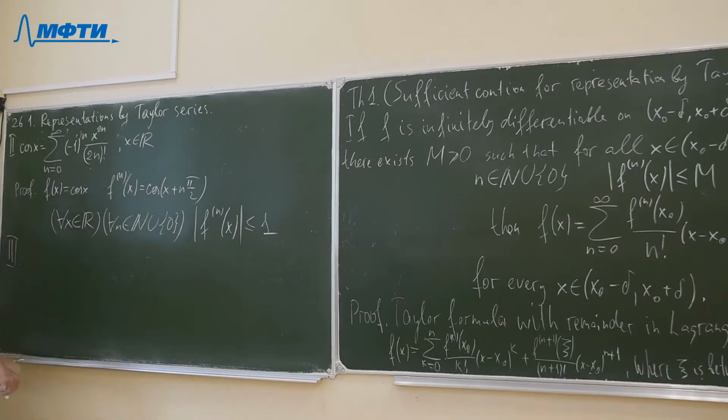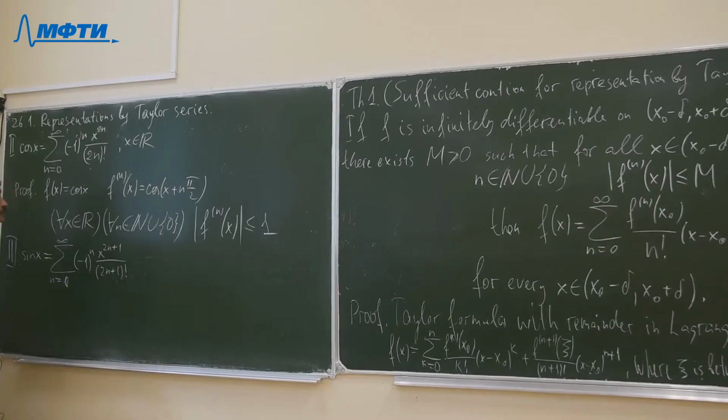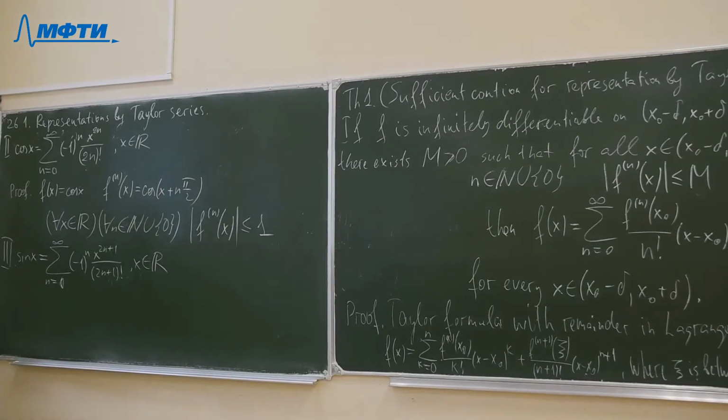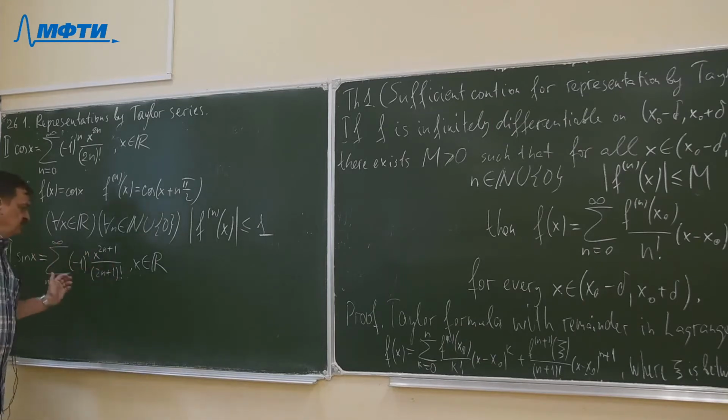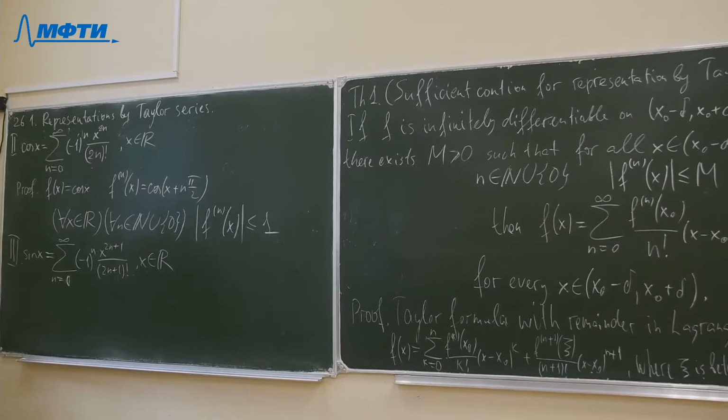The third of the main expansions is related to another trigonometric function, sine x, that is equal to the sum n from 0 up to infinity, minus 1 to the power n, x to the power 2n plus 1 over 2n plus 1 factorial, x in R. I don't want to check the coefficients because we did it when we considered Taylor formulas with remainders in Peano form, and of course the coefficients are the same, hence we don't need to spend time to deduce them once again.